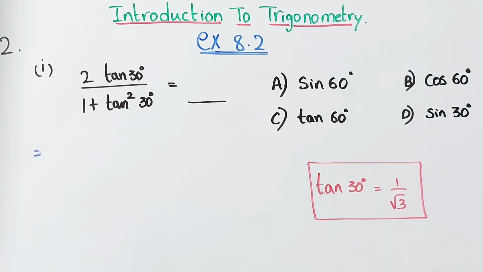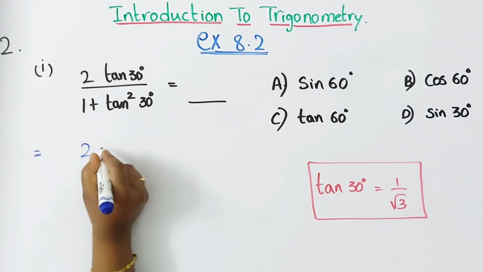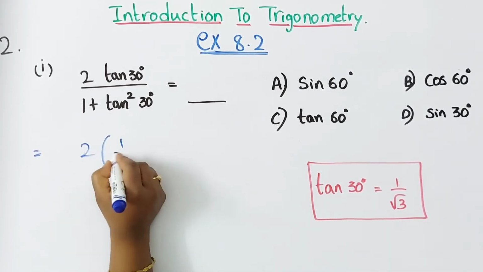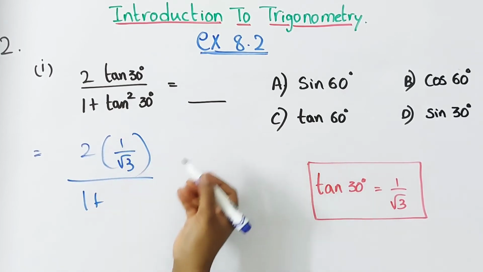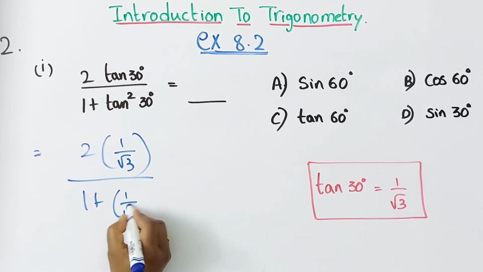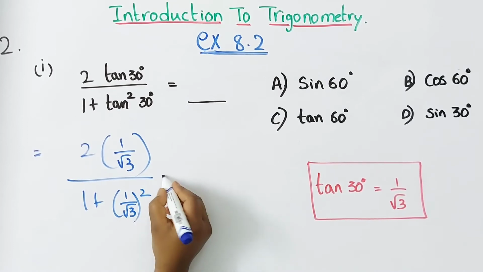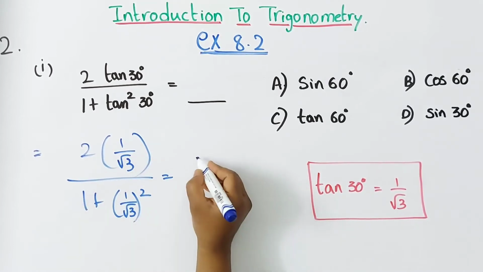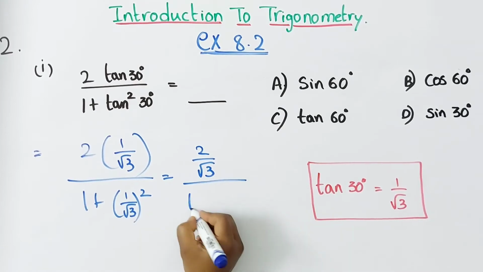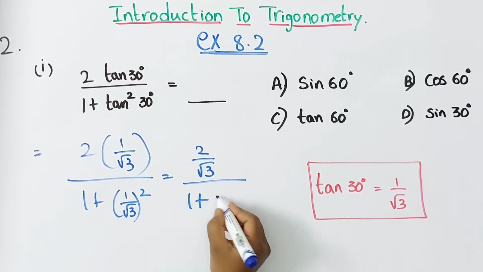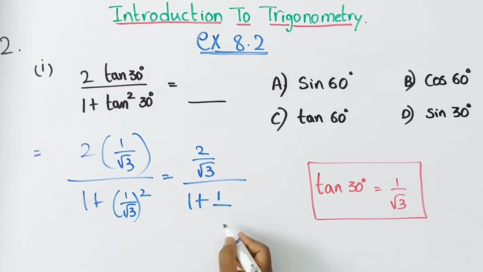Let's substitute the value here. 2 tan 30, that is 1 by root 3, divided by 1 plus tan square 30, that means 1 by root 3 whole square, right? This equals 2 into 1 by root 3, that is 2 by root 3, children, divided by 1 plus 1 by root 3 whole square. 1 square is 1, root 3 square is 3. Correct, children?